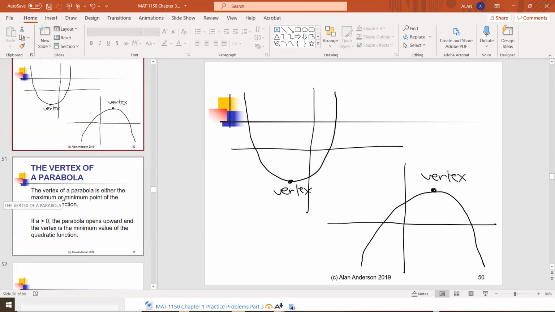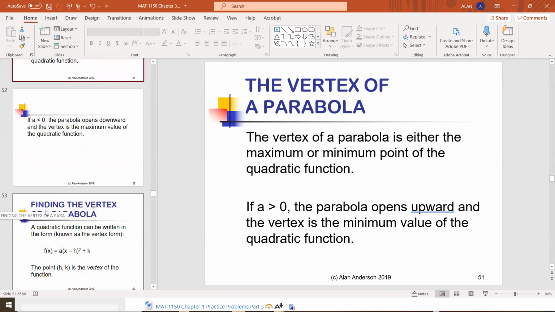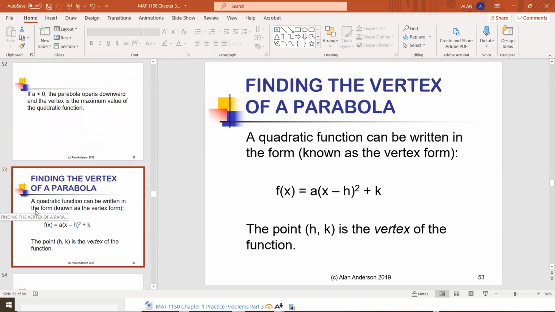All right, so let's see. Now, a quadratic function, it turns out, just like, remember we discussed that with a straight line, there's two different ways of writing it. Let me just quickly review that with you.